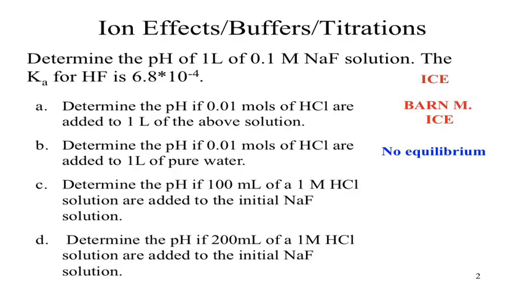So what happens if we went through and did this and the acid didn't completely react with all of the fluoride? Let's say instead of it being 0.1 moles of acid that we added, it was 0.05 moles. How does that change anything?